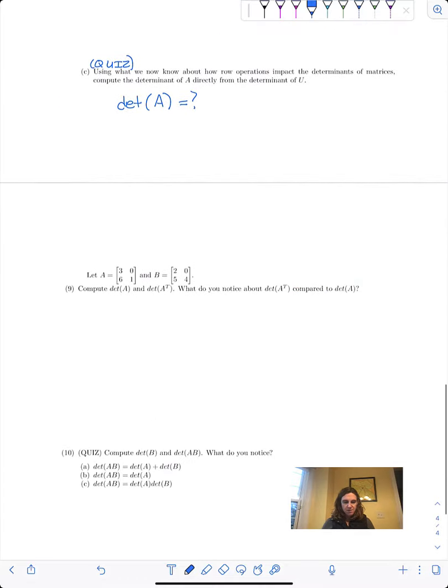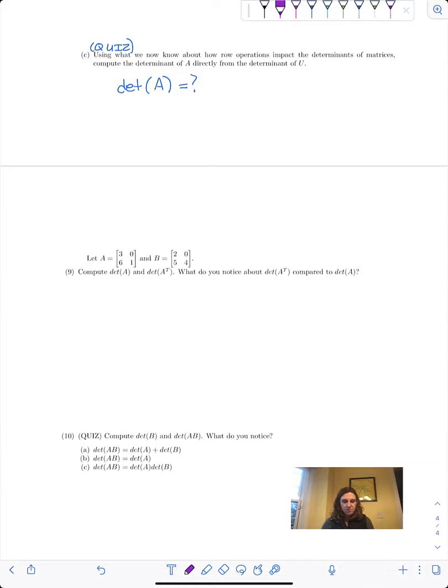Okay, and so our last page, we're going to talk a little bit about what happens when we multiply matrices and what happens when we take the transpose. So the determinant of A is just going to be 3 times 1 minus 6 times 0, which equals 3.